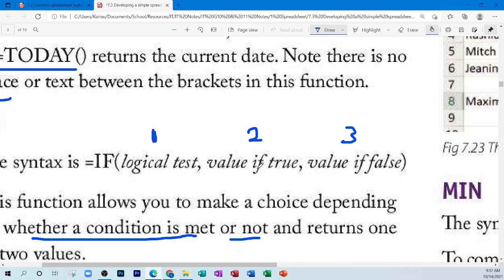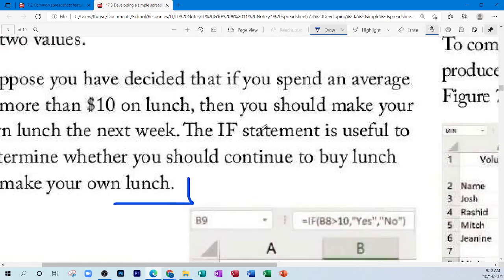Now, if the test is true, whatever is in this second part of the syntax is going to be carried out. And this part here is going to be ignored. So you could imagine it like a road.